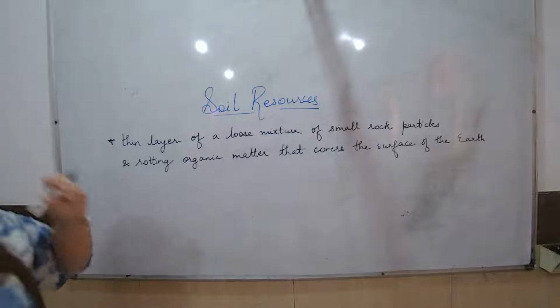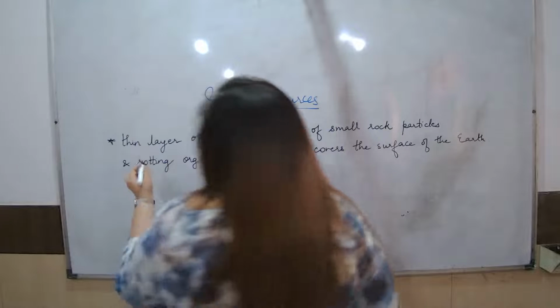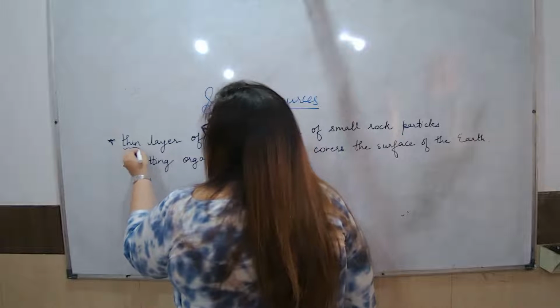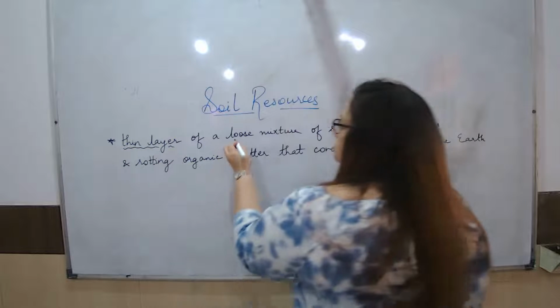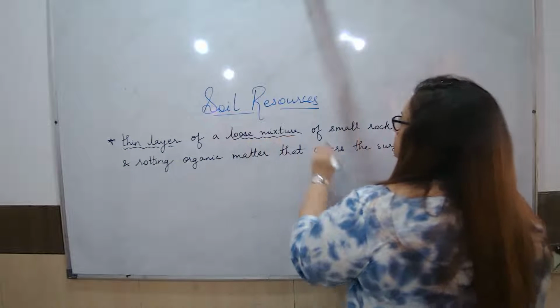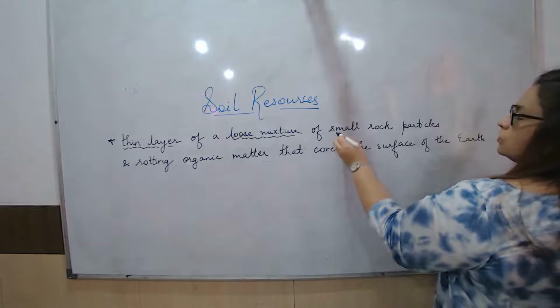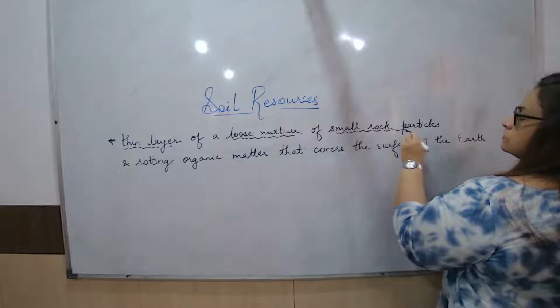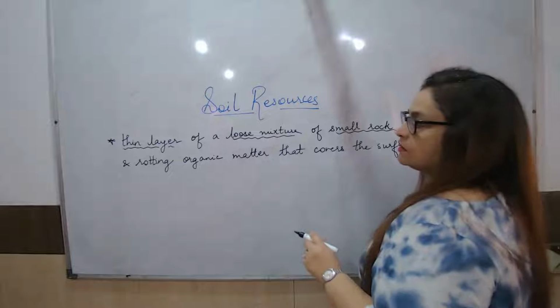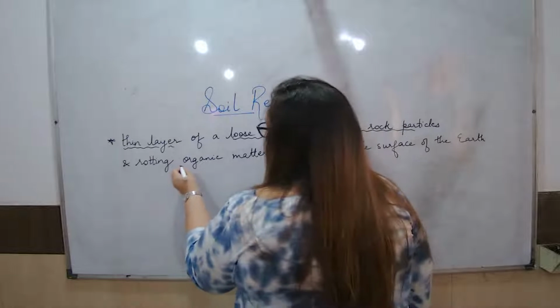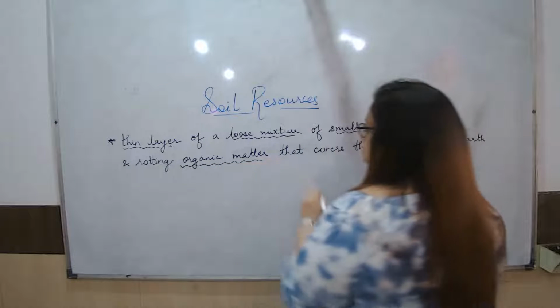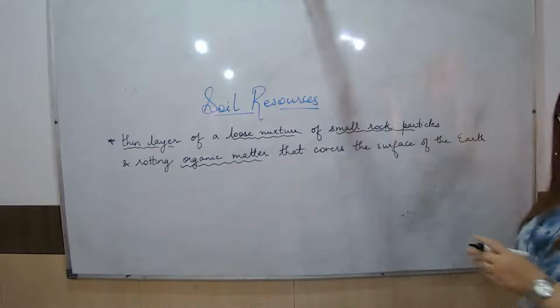So what are the key points here? Thin layer of a loose mixture, small rock particles that contain rotting organic matter that covers the surface of the earth.